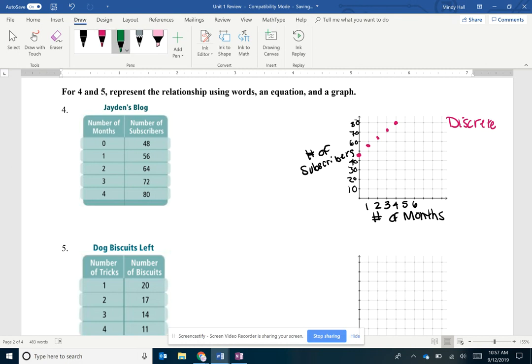So then to represent this with words, you can say Jaden increases by, this is plus 8, plus 8, plus 8, plus 8. So he increases by 8 subscribers per month.